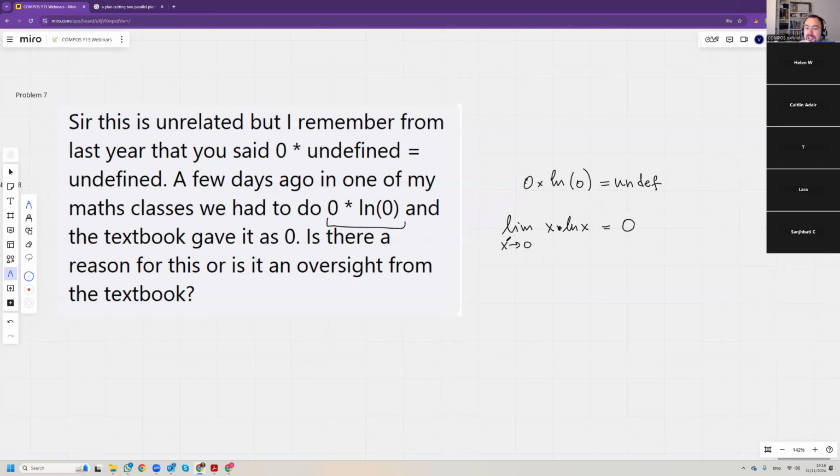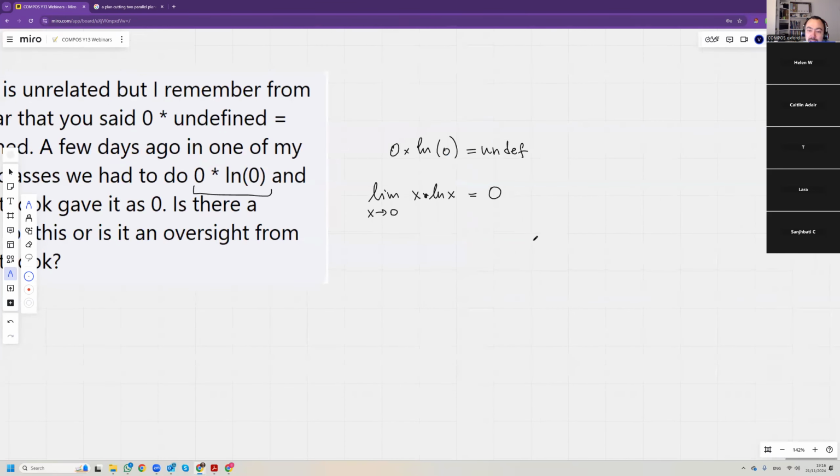You could prove it using the Maclaurin series. But Maclaurin is not very good with ln x, is it? No, you can't use Maclaurin, because you don't have a Maclaurin series of ln x, since this goes to infinity.